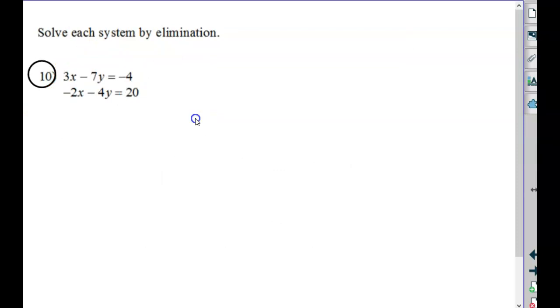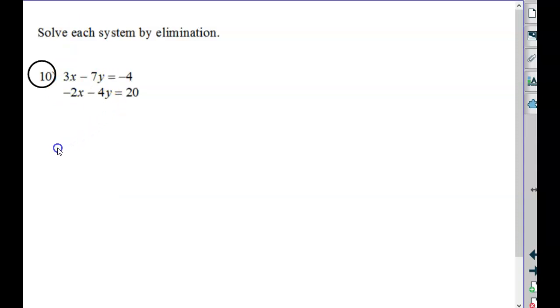So let's try one more where we actually do have to use elimination. Now, I don't know how to make a -2 into a 3 or a -4 into a 7. Yeah, you have to multiply both equations through by something. Does that sound familiar? Would you like to make the x's go away or the y's?